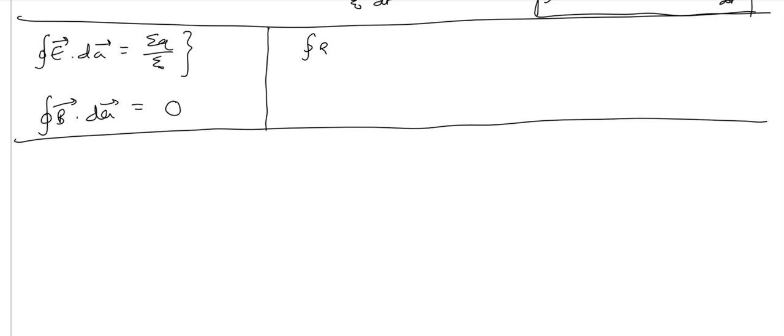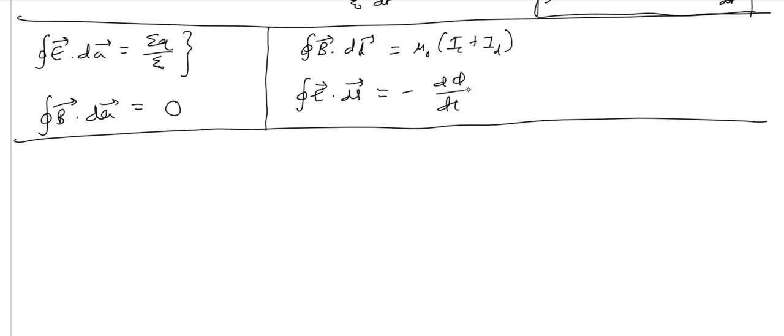Now we have B dot dl. What is B dot dl now? Ampere-Maxwell law, which says mu 0 times IC plus ID gives the closed integral of magnetic field over some line. And similarly, if you take E dot dl, it is actually potential, and that is minus d phi by dt. Which phi are we talking about? This is magnetic flux, and this is Faraday's law for electromagnetic induction.